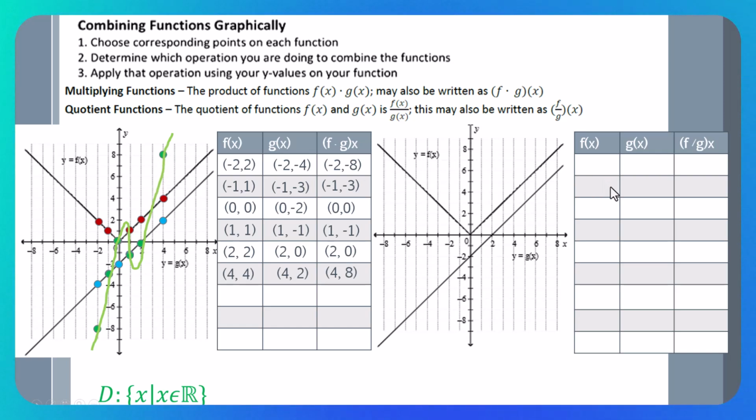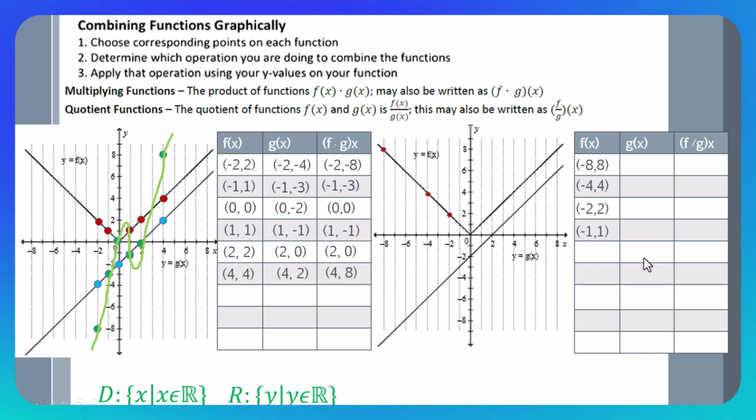Now let's go to division. I'm going to pick these points: -8, 8, -4, 4, -2, 2, -1, 1. I'm going to choose a few more points because division is going to be the trickier one. 1, 1, 2, 2, 4, 4, and 8, 8. Let me make sure I get enough points. So I'm going to go to my function g, find the matching points. We're using the same graphs, so you should be able to pick up on this quickly.